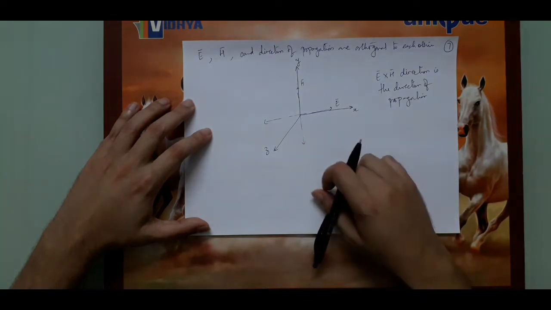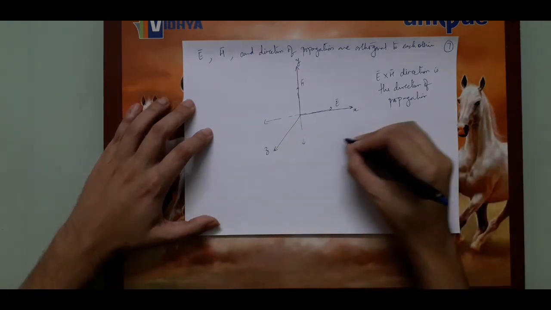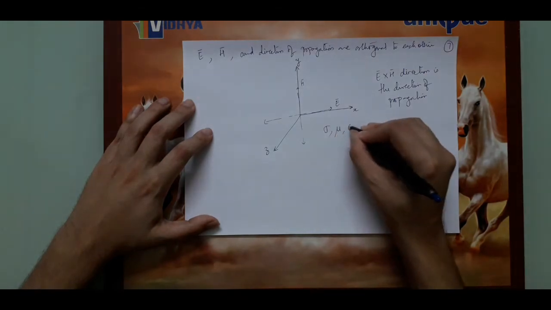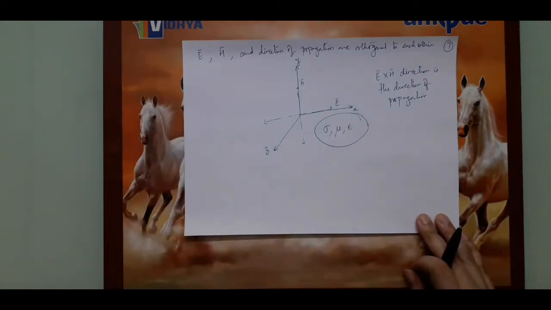So again, as you know, the fields are given using the Maxwell's equations. So let us say the medium has some sigma, it has some mu, it has some epsilon. Now these are the quantities which define the properties of the medium.